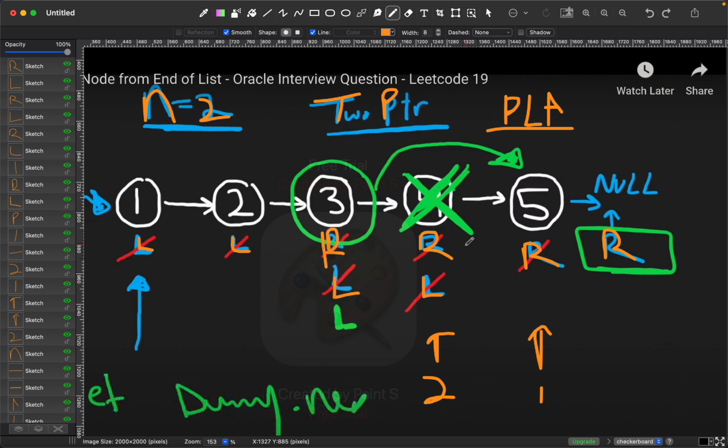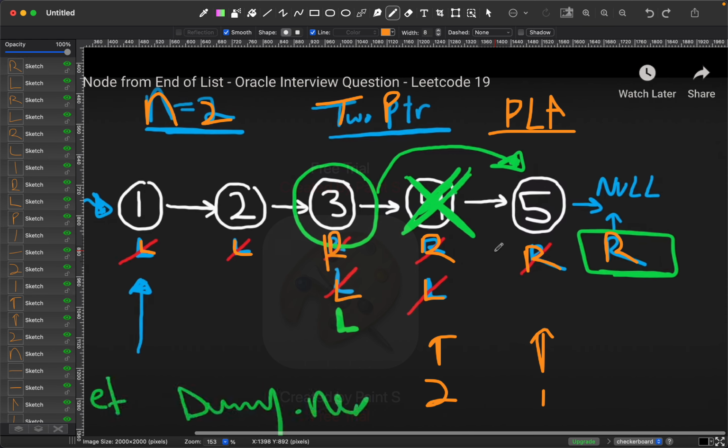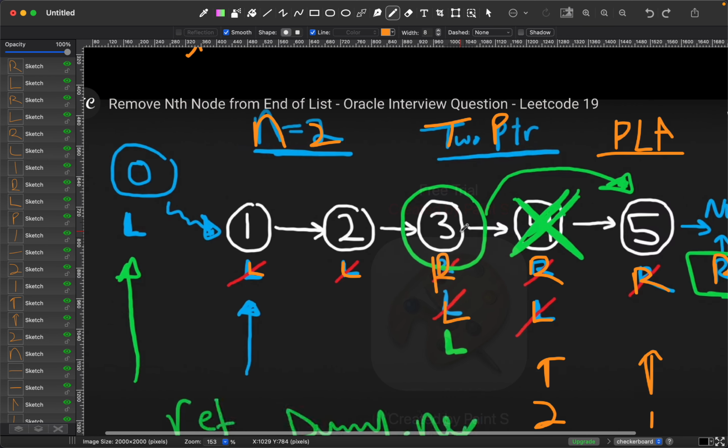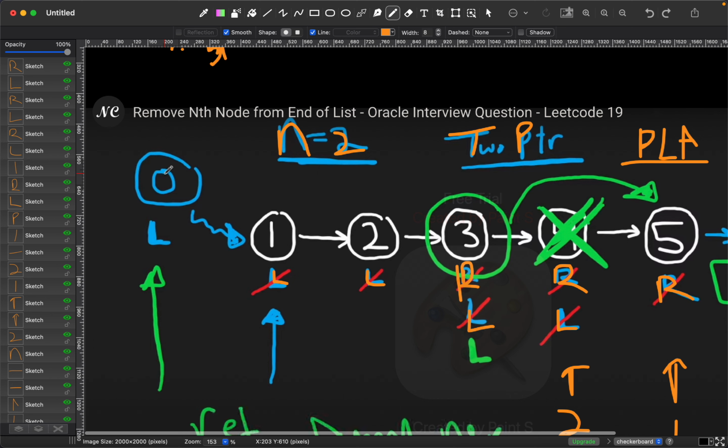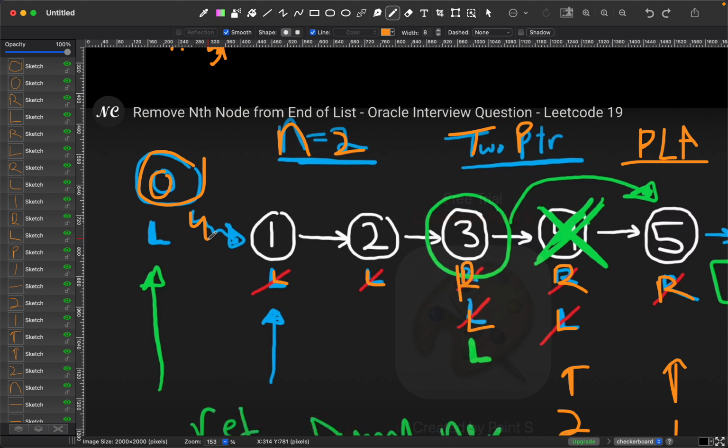Fine. So the thing is this, you have to be on the actual node for you to actually remove. So you need this one. That's why they introduce a dummy node per se. The dummy node is introduced right over here.